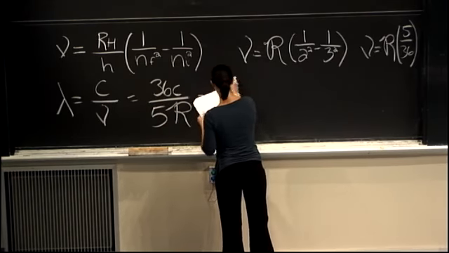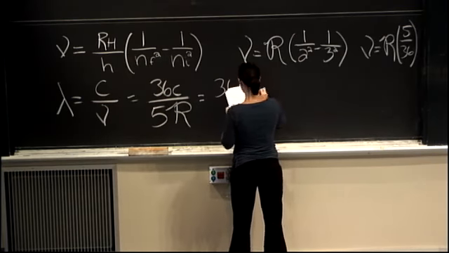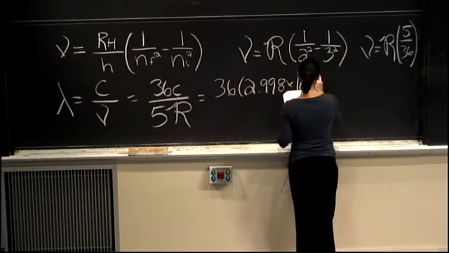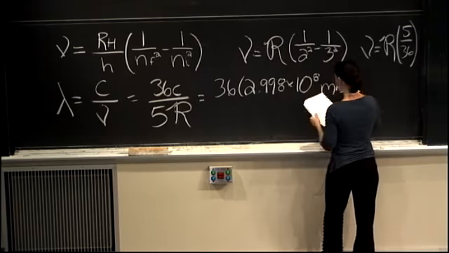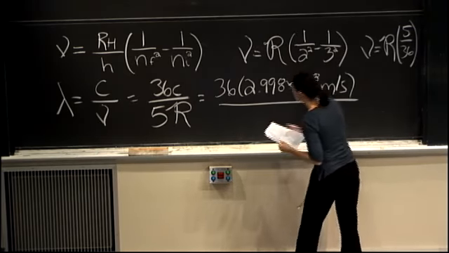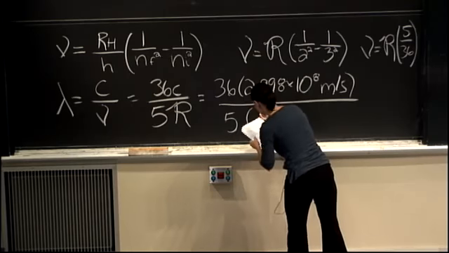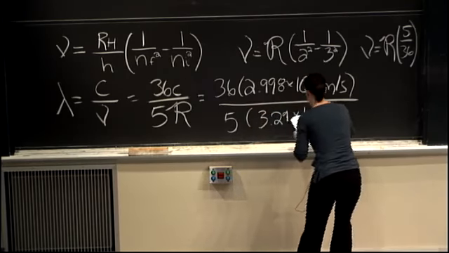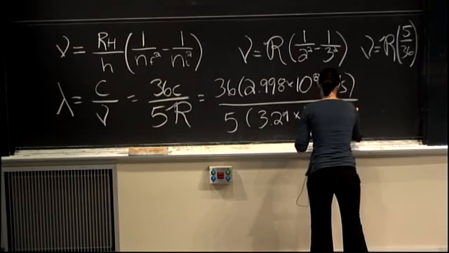That gives us 36 times the speed of light, 2.998 times 10 to the 8 meters per second, all over 5 times 3.29 times 10 to the 15 per second.